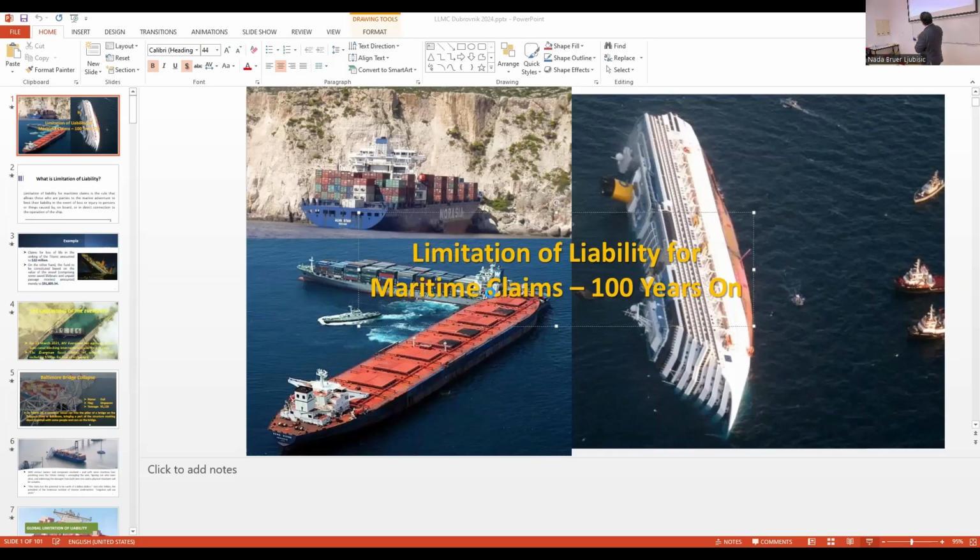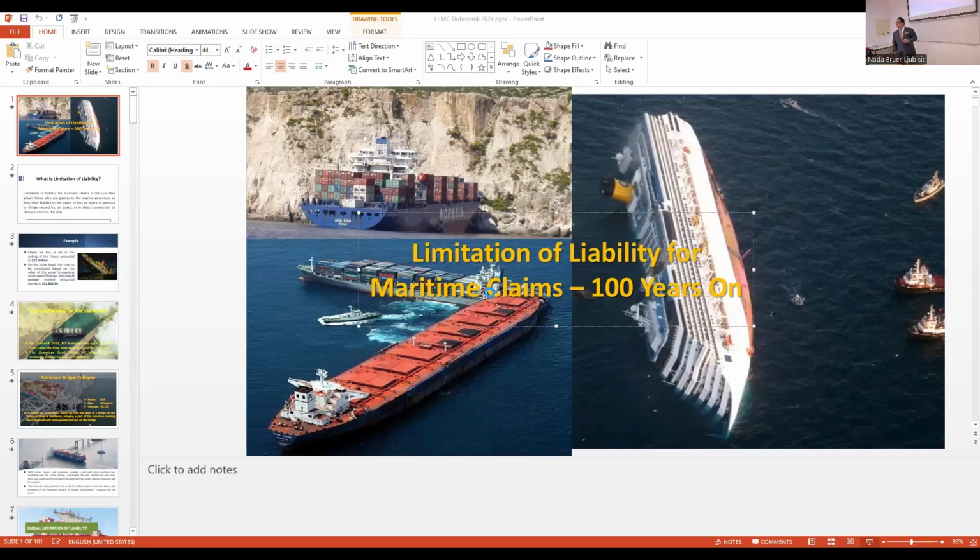And I actually changed the wording because, in my opinion, the wording was wrong in English. It says, on 15 December, the slide that you received said the IMO Assembly adopted this resolution. But I changed it to say 3 resolutions on the unified interpretation to break the right to limit liability were adopted at the Assembly.